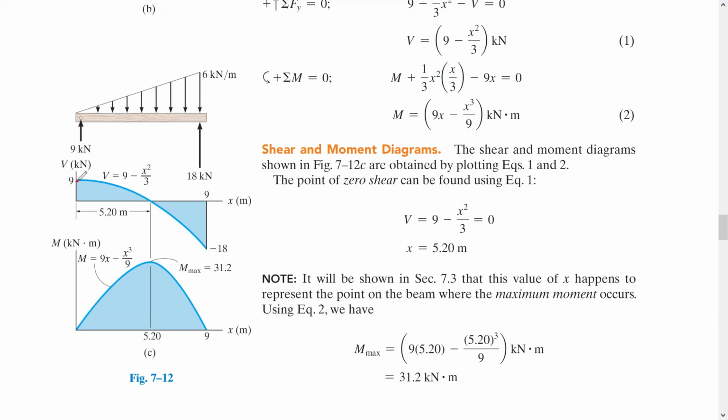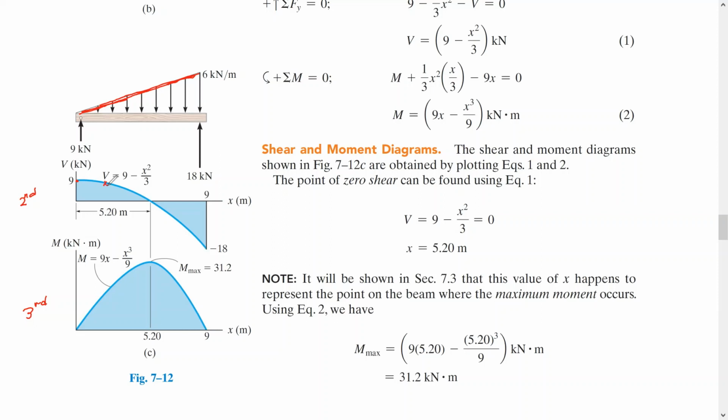Before doing this, this is a distributed load. It's a linear function, right? So the shear must be what? A second degree function, because if you integrate a linear function it will be second degree. And the moment must be third degree. Okay, so here it's going to be 9 if you substitute here.